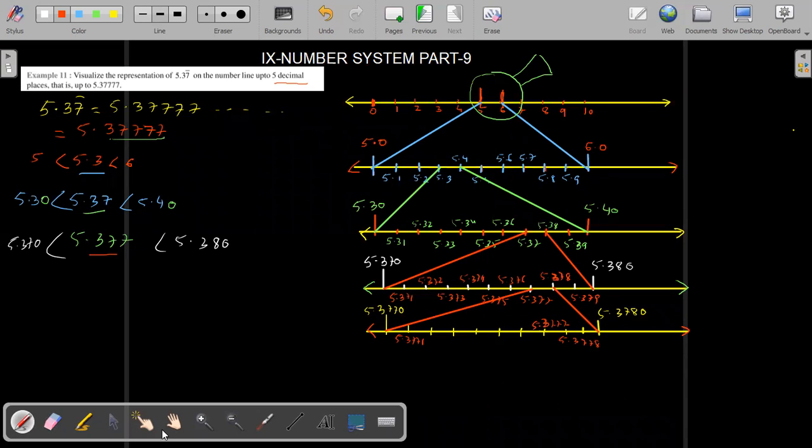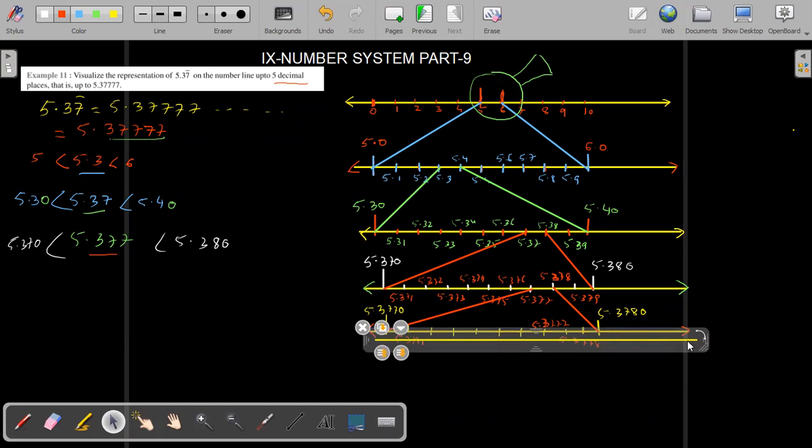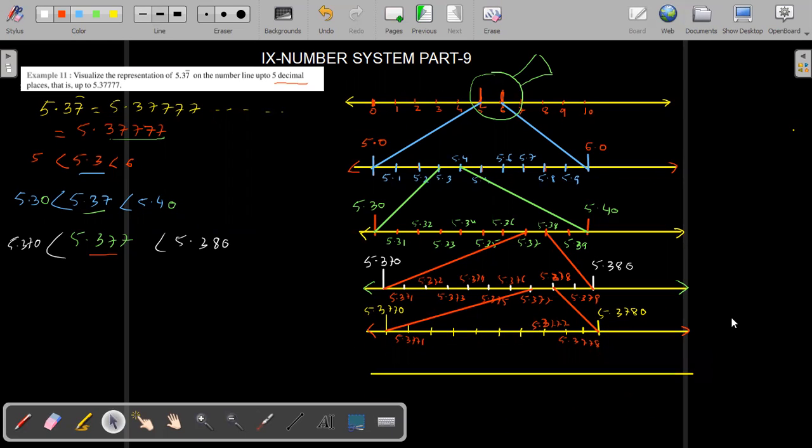Do not worry. Now we have the last part, last line I'm making here. Inshallah, it will represent the last point. So this is our last line, where again we have to use the same way, dividing into 10 parts.